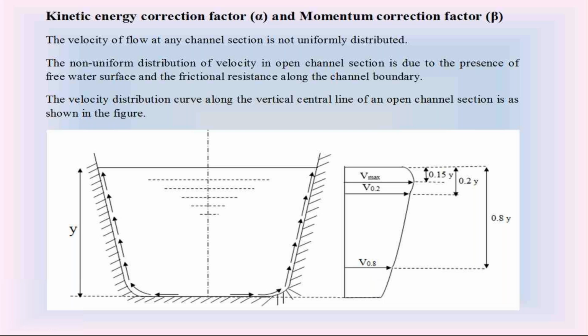This V0.8 is the velocity of flowing water in the channel measured at a depth of 0.8 y from the top. We can measure these two velocities by using a pitot tube or current meter. Then find the average of these two velocities. Average means V0.2 plus V0.8 divided by 2.